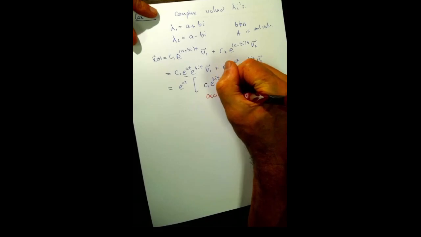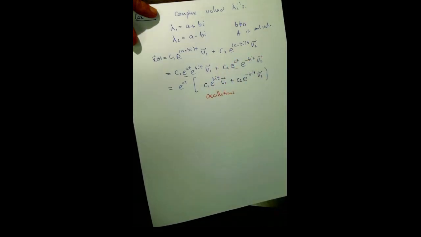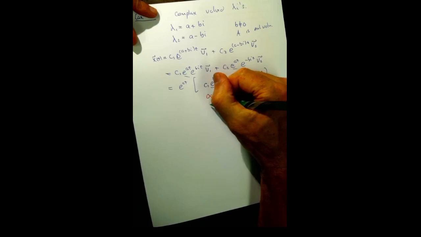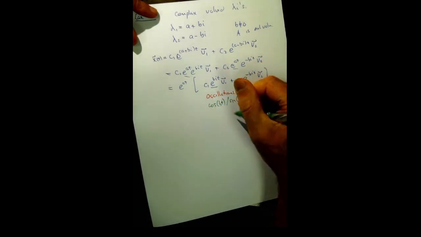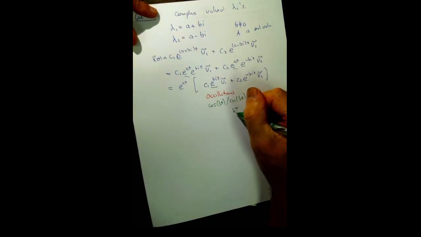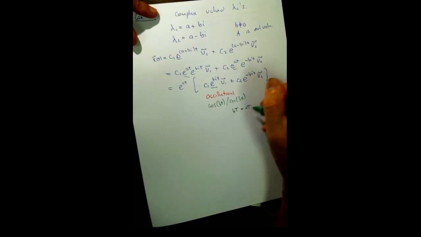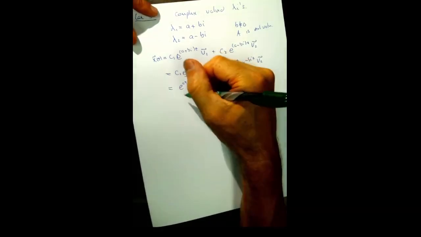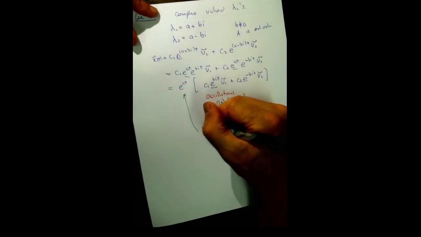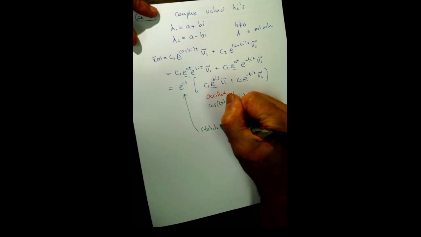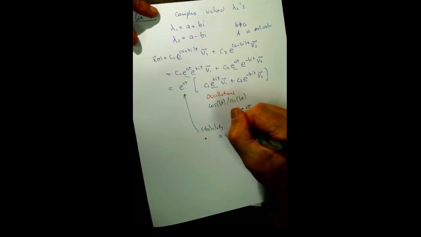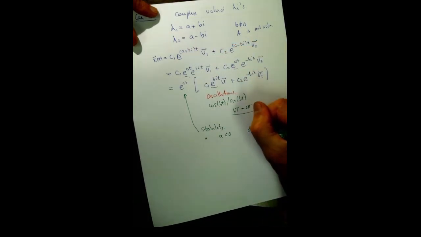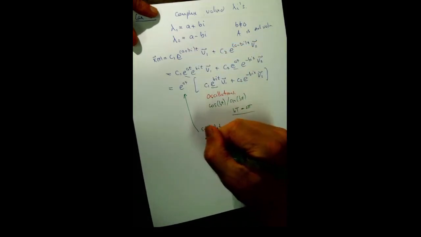So basically, I'm going to have oscillations. And this is going to look like cosine of BT and sine of BT. So my period of oscillations is going to satisfy B times T equals 2 pi, just like before. In terms of stability, 3 things can happen. One thing is that A is negative, which means I'm going to have decay.